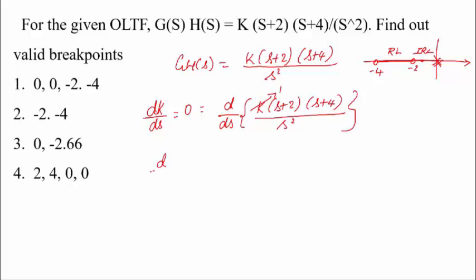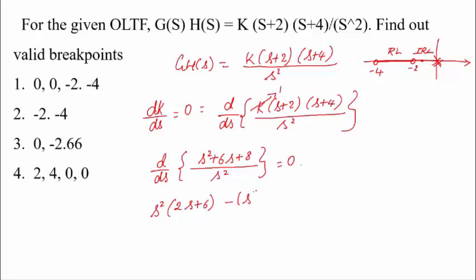So what I will be getting is d by ds of s square plus 6s plus 8 whole divided by s square, which equals 0. Make use of the u by v rule. What I will be getting is s square into 2s plus 6 minus s square plus 6s plus 8 into 2s, whole divided by s power 4, which equals 0.